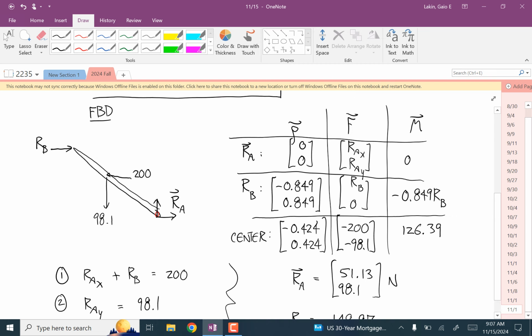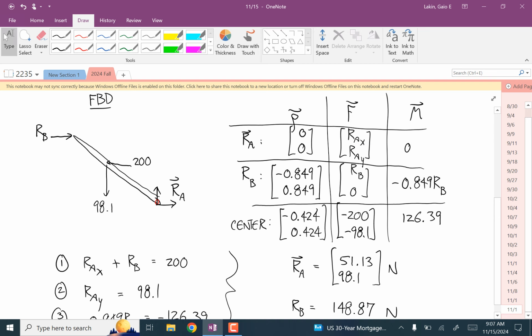Now to calculate the internal loads, we're going to need a new coordinate system. So we want a coordinate system with the x-axis along the long axis of the member. Okay, there's always two options for that.